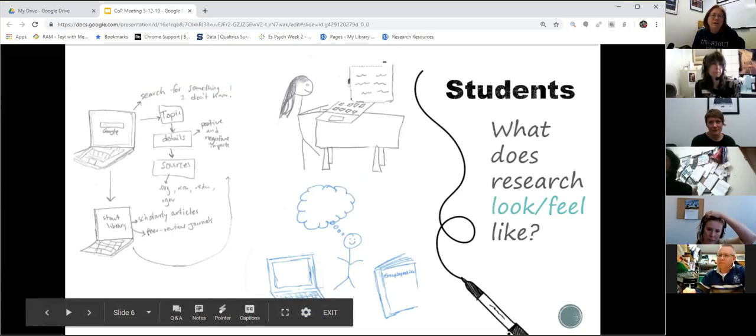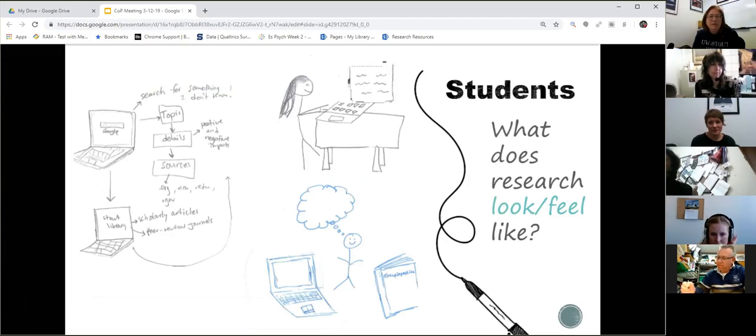So this is what research looks like for my students. They basically are on a computer looking for information. Sometimes they might go to a book, and you can see that they also think up their own ideas. And this feeds into what I see, in that they're experts on everything because they get lots of information, but they don't necessarily know how to wade through it. So for them, it's pretty literal. You can see in the upper left corner, Google is their go-to application for all answers.